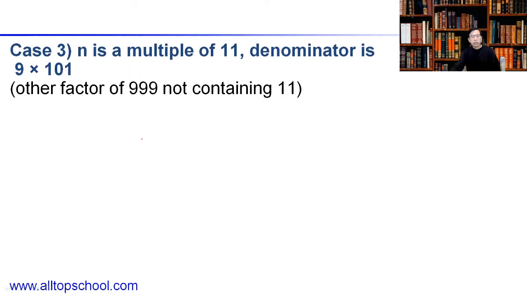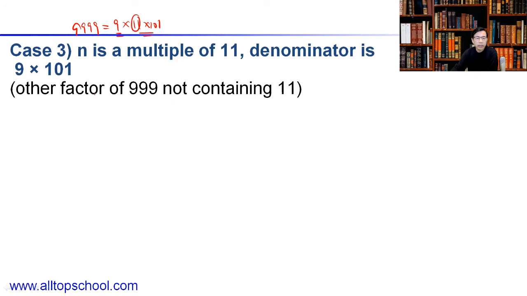The numerator is a multiple of 11. So the denominator definitely won't have the 11 as part of the factor, because 9,999 equals 9 times 11 times 101. You have the numerator as a multiple of 11, so the denominator can only have 9 times 101, which is 909.